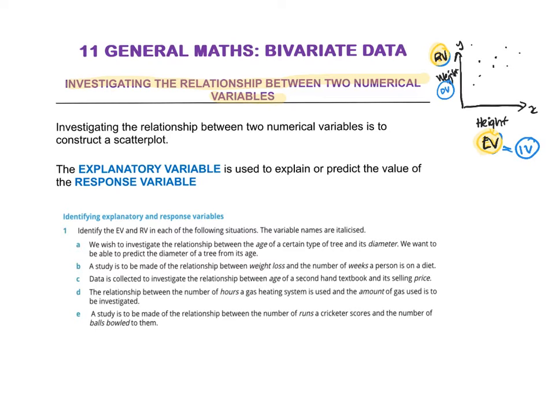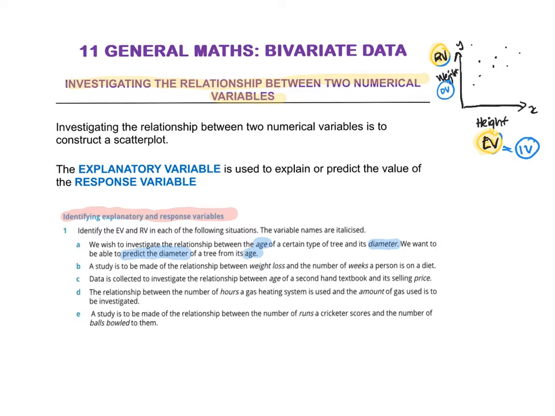So here in our first question, I'm going to do it with you. We're going to identify the explanatory and the response. So let's have a look. We wish to investigate the relationship between age, so age is one of them, and a certain type of tree and its diameter. We want to be able to predict the diameter from the tree's age.